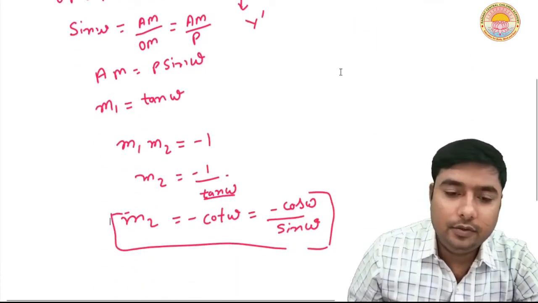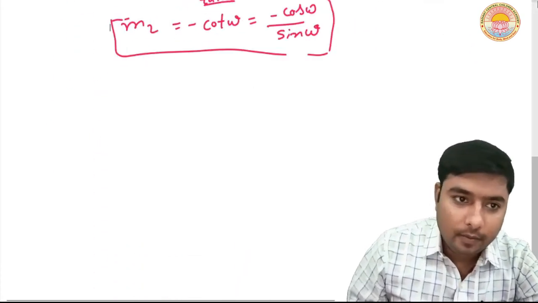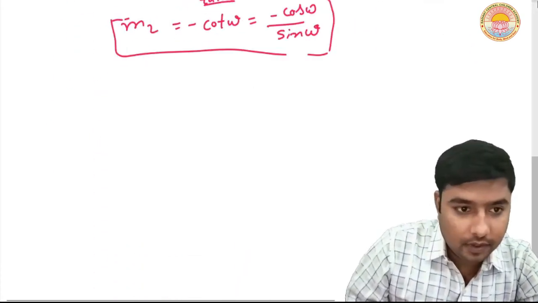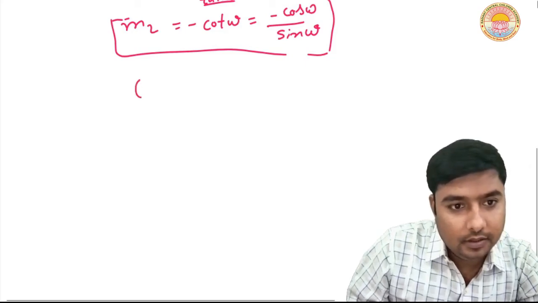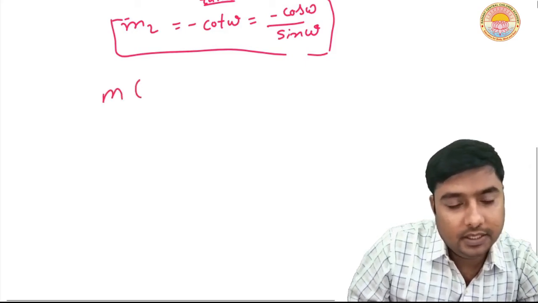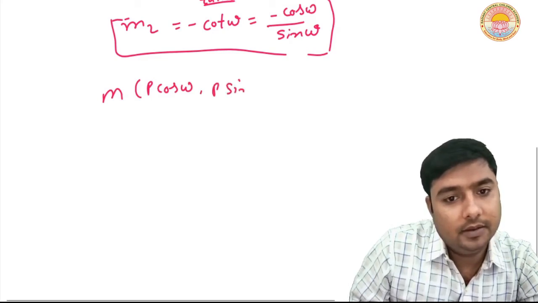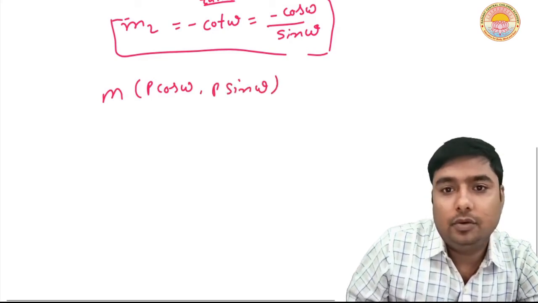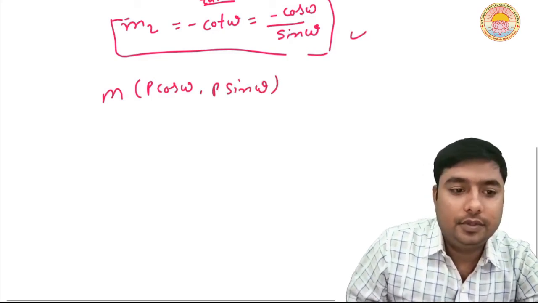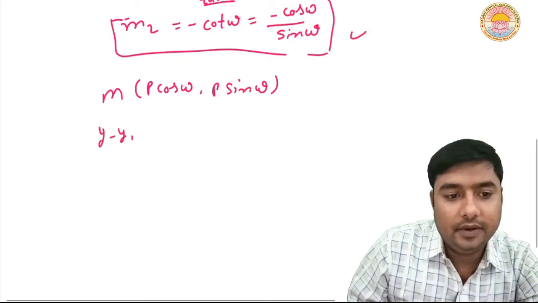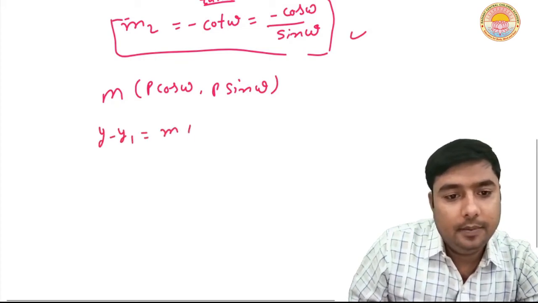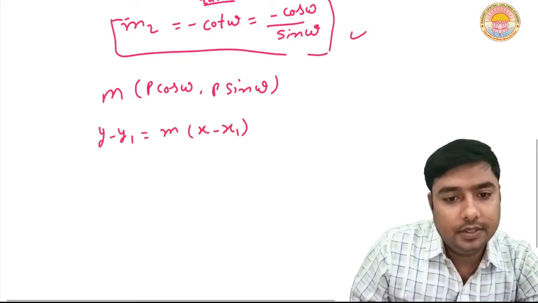So we can use the equation of a line. The coordinate of M is already given, (P cos omega, P sin omega), and the slope is this. So we can use the formula y minus y1 equals m times (x minus x1).